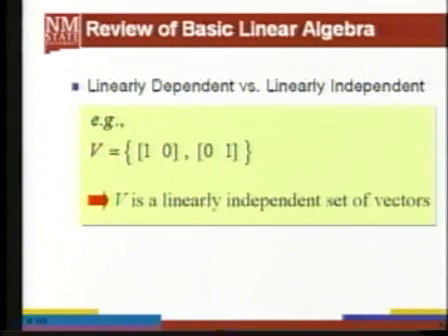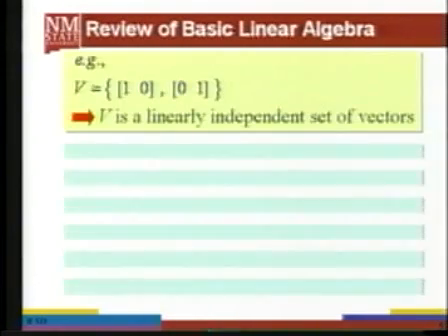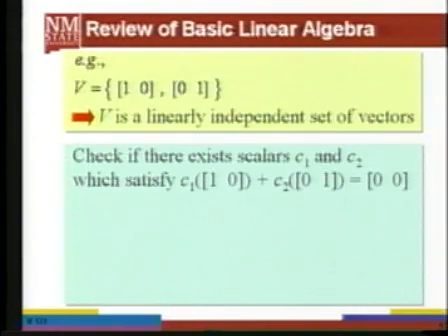Let's consider a set of vectors V like this. Then V is a linearly independent set of vectors. To see whether the given set of vectors V is linearly independent or not, we need to check if there exist scalars C1 and C2 which satisfy this equation, and at least one of them should be non-zero if linearly dependent.